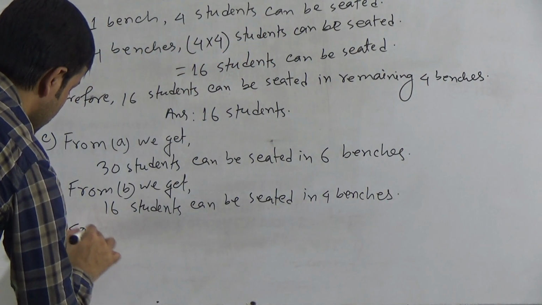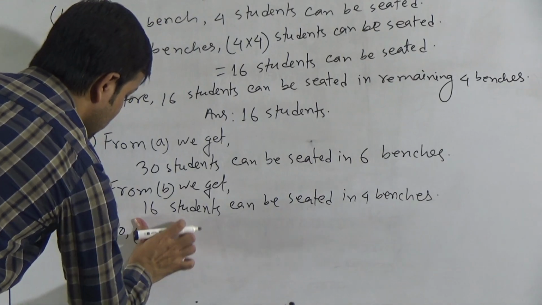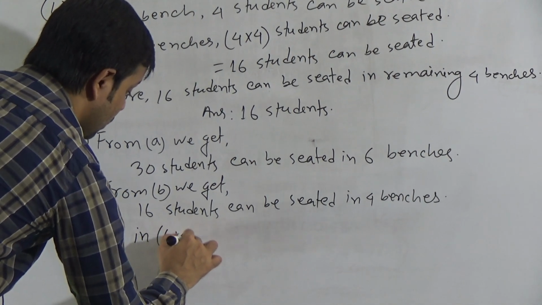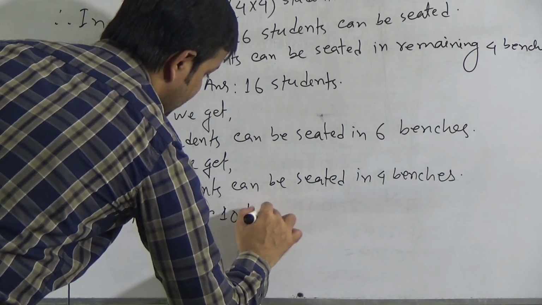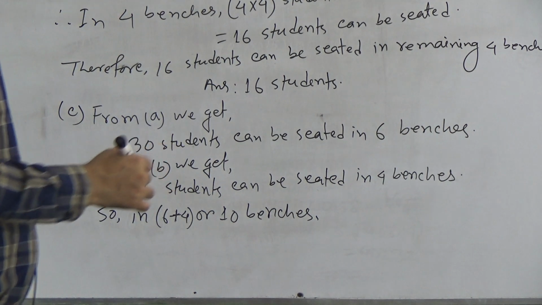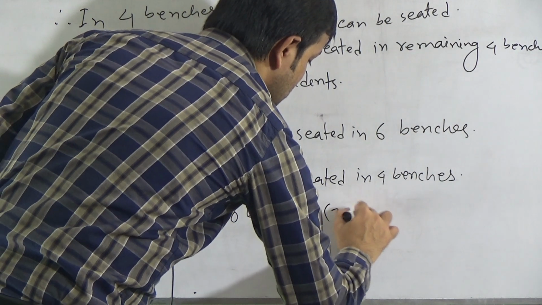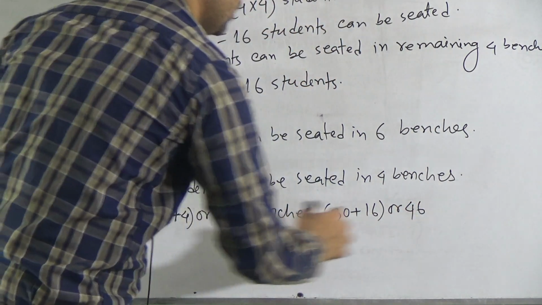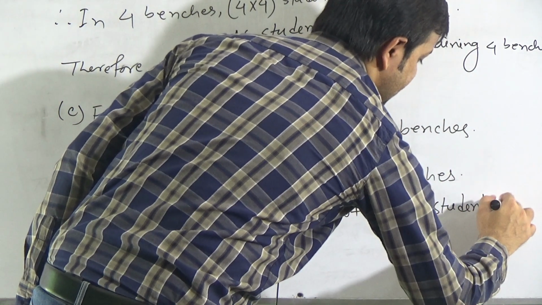So 6 plus 4, or 10 benches. In 10 benches, 30 plus 16 means 46 students can be seated.